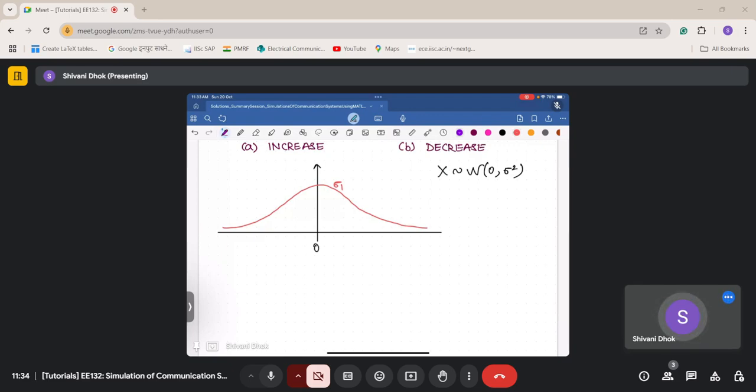So what will happen? Your PDF will become something like this. So this is your PDF, f_X(x), which is the PDF of x.